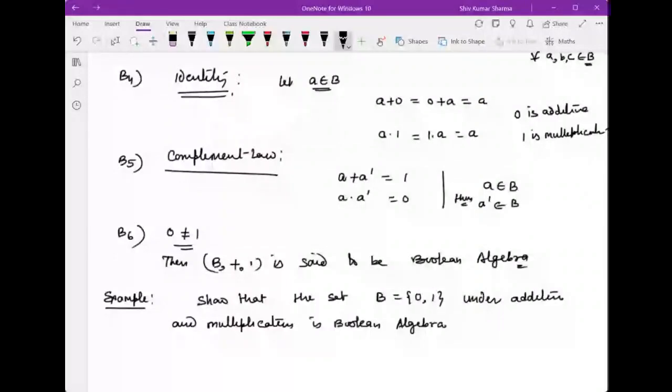Or this question we can write in this form: take two elements 0, 1 and two binary operations. For Boolean algebra we use only binary digits 0 and 1. So we show that the set having two elements 0, 1 under addition and multiplication is a Boolean algebra.